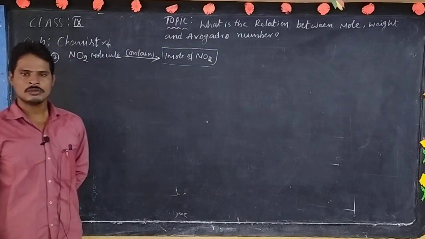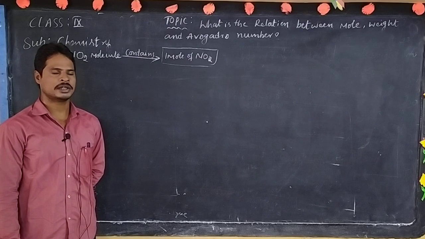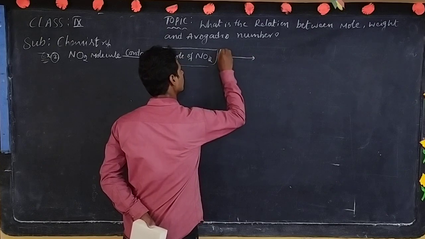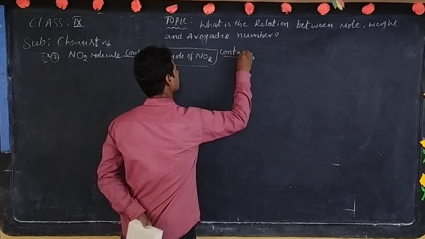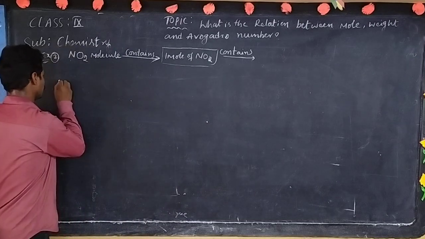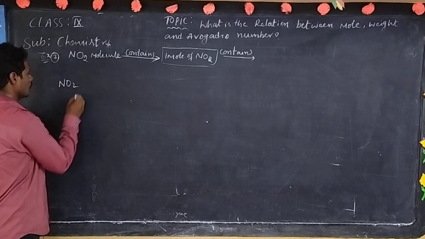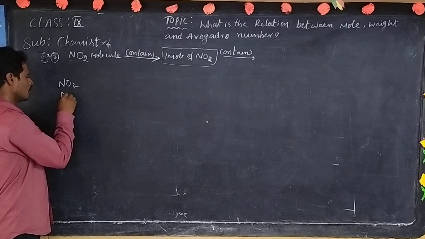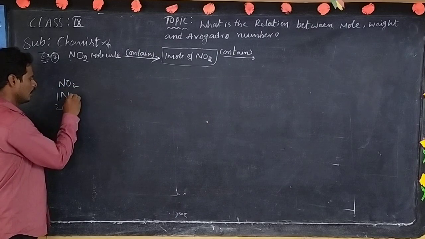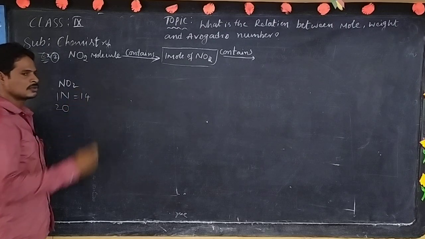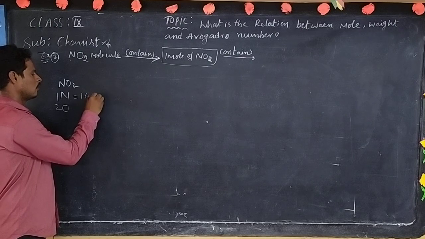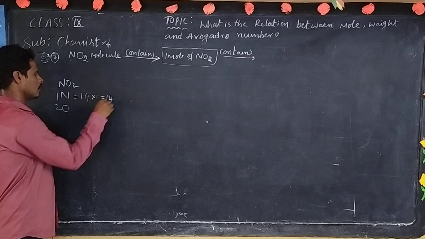Next, 1 mole of NO2 contains how many grams? We can calculate the molecular weight of NO2. Here there are 2 elements, nitrogen and oxygen. How many nitrogens are there? 1. Oxygen, 2. Nitrogen atomic weight is 14, and there is 1 nitrogen, so 14 into 1 is 14.